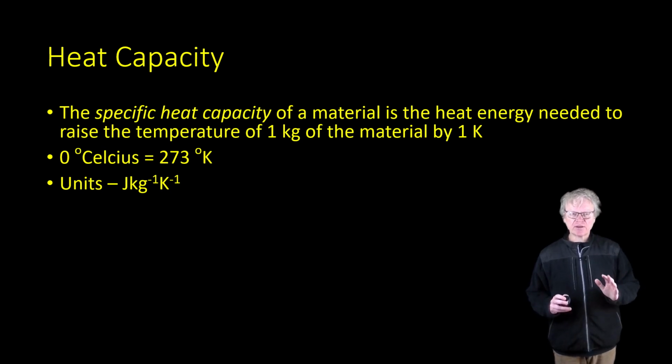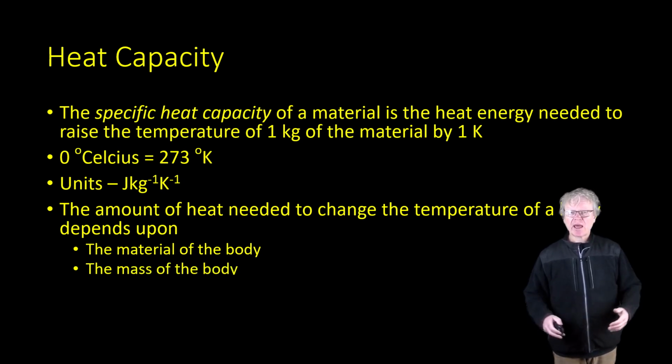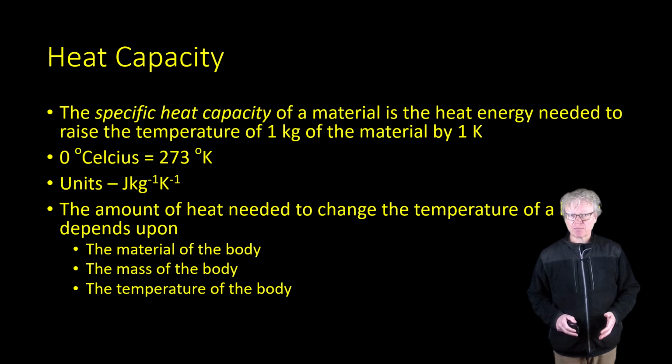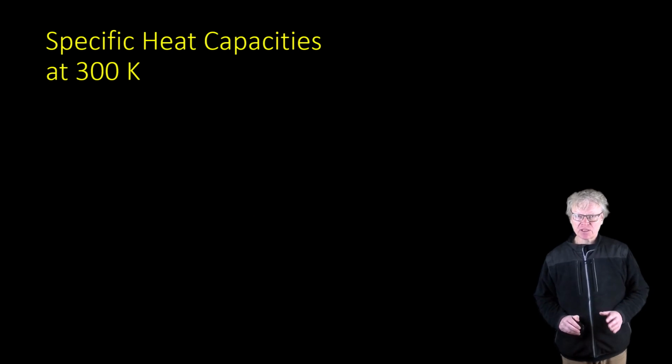Okay, so it's the amount of heat energy needed to change the temperature of a body. And it depends upon the material of the body, water, sand, earth, ice, whatever, the mass of the body, how much you've got of it, and the initial temperature of the body. So we're going to remove two of those variables and have a look at the specific heat capacity of some different materials.